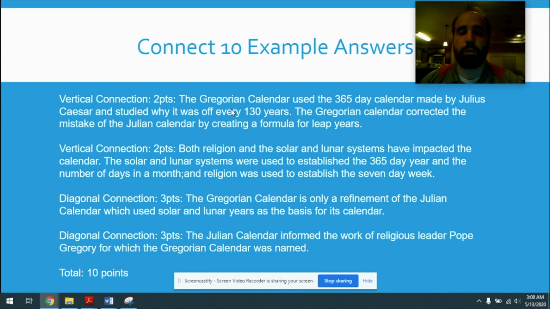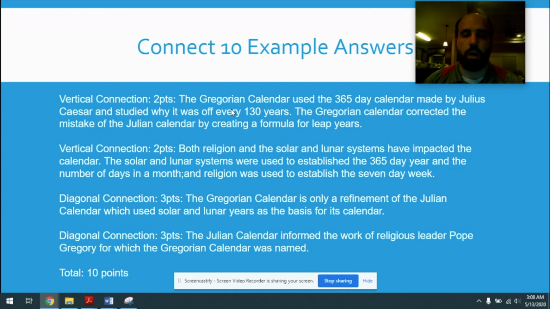The Gregorian calendar corrected the mistake of the Julian calendar by creating a formula for leap years. So the Gregorian calendar used the basis of the Julian calendar to create its 365-day system, but then corrected for that lost day with the leap year system.